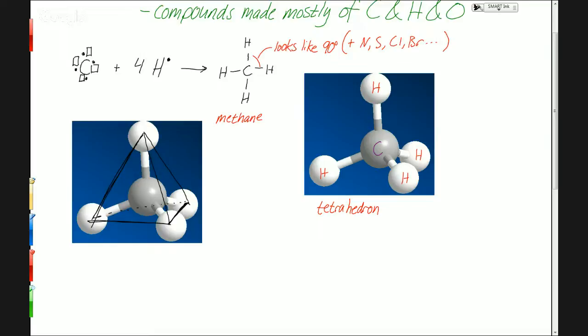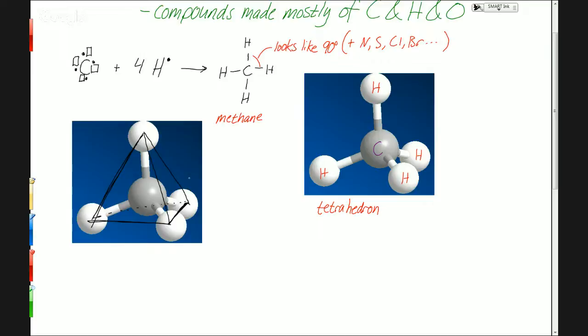But that is a shape known as a tetrahedron. It is a regular solid, which means it has equilateral triangles on every face. Each face is the exact same as any other face. It has 4 sides or 4 faces and however many edges and 4 points. So that's the shape that it takes up with the carbon atom right in the middle, and that's called a tetrahedral shape or a tetrahedral geometry.